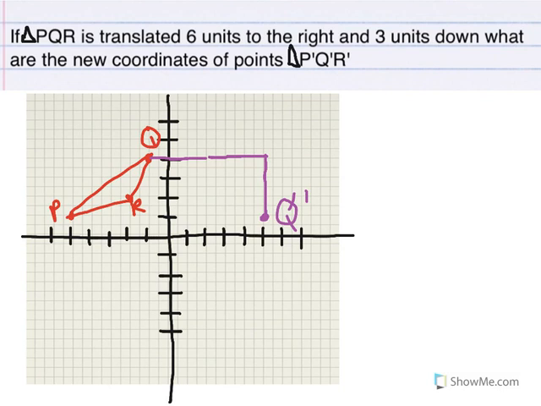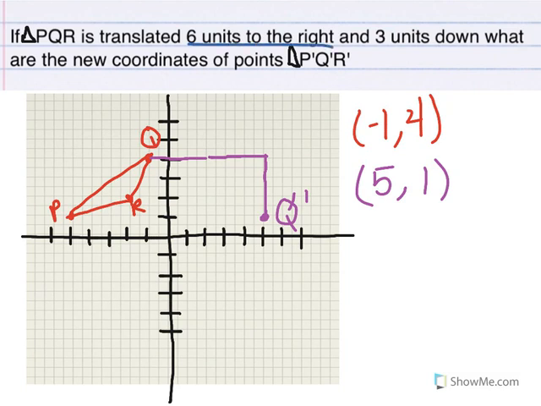So Q went from -1, 4 to Q prime, which was 5, 1. And you'll notice my relationship here was 6 units to the right.